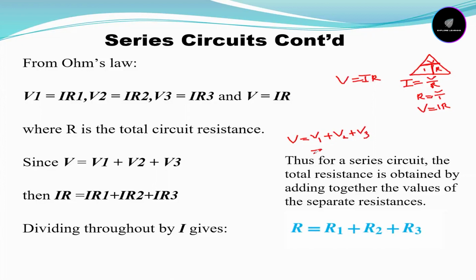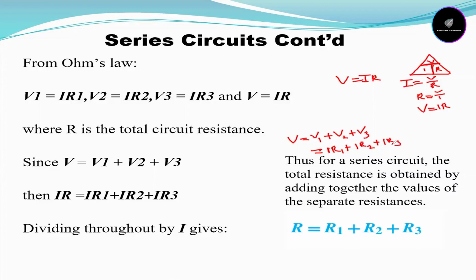Since I is going to be constant all through the circuit, I is going to remain I. So we're going to have I multiplied by R1 plus I multiplied by R2 plus I multiplied by R3. So this is what we're going to get.